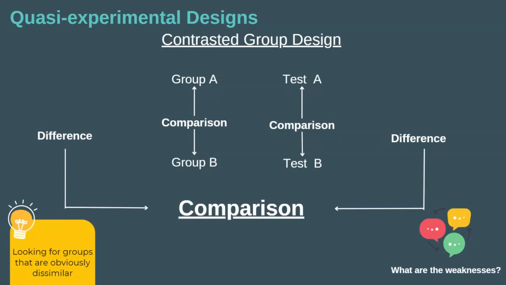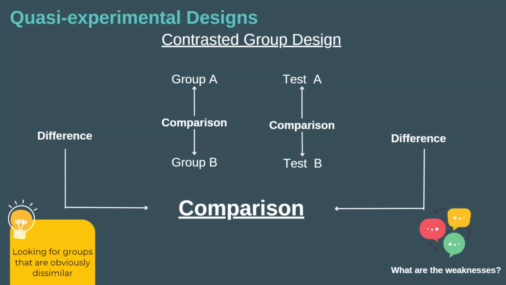The example they give you in your textbook is actually a very good one. They want to look at the impact of parents' education on their children's academic performance. So group A would be the higher educated parents, and group B would be parents that don't have any tertiary education, for example.